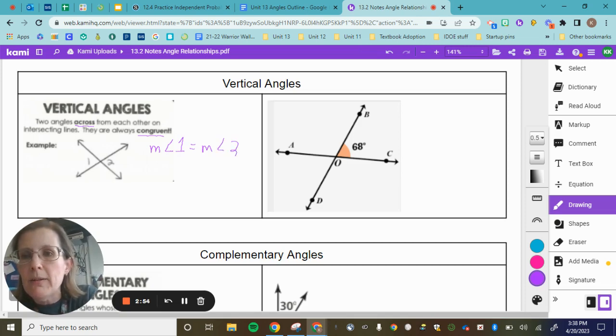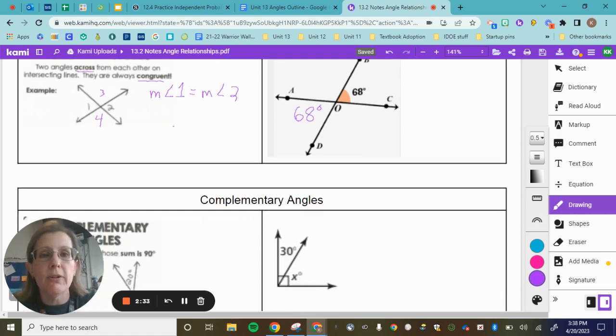But that also means if we had an angle 3 and 4, that they would also be equal. So the ones across from each other are equal. So in this example, I can see this is 68, and the one across from it is also 68 degrees. And then these two, if we had to find them, we could, but these two are also equal. So the ones across from each other are vertical angles, they're equal.